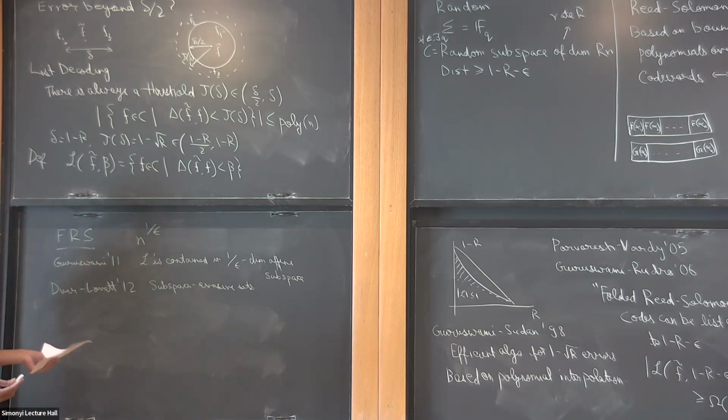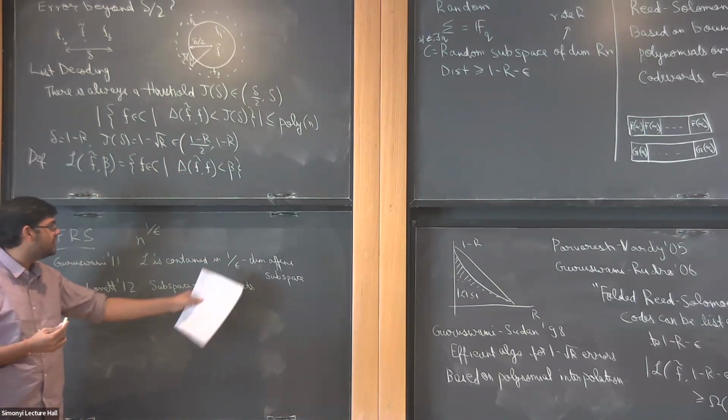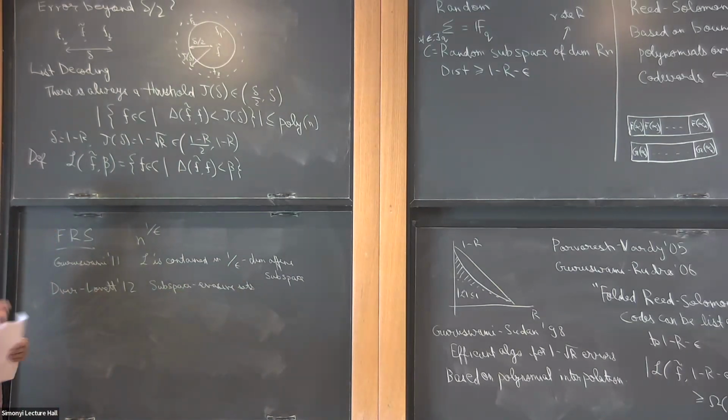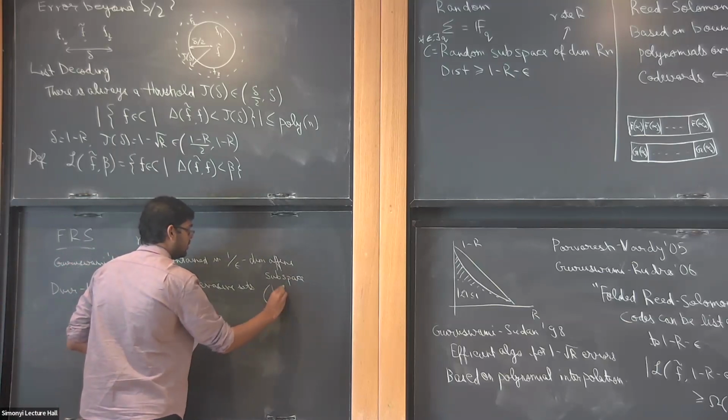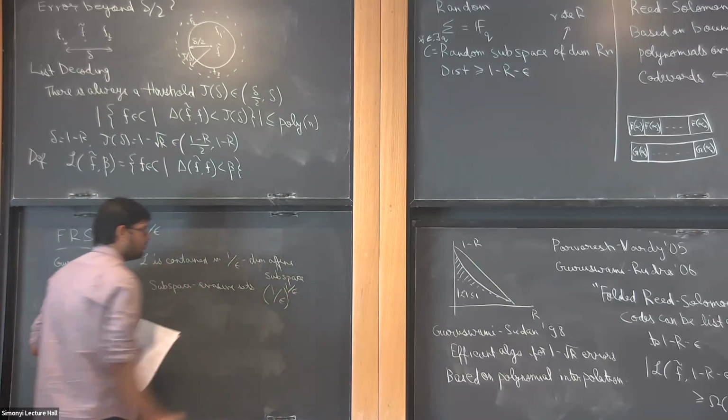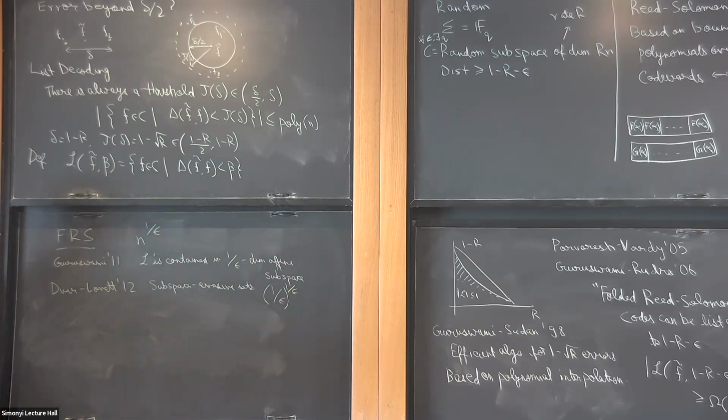We can pre-encode the code, take a further subset so that all constant dimensional affine subspaces have small intersection with this pre-encoding. So this allowed the new list size to come down to 1/epsilon to the 1/epsilon. Which is nice because at least it's a constant, not depending on n.